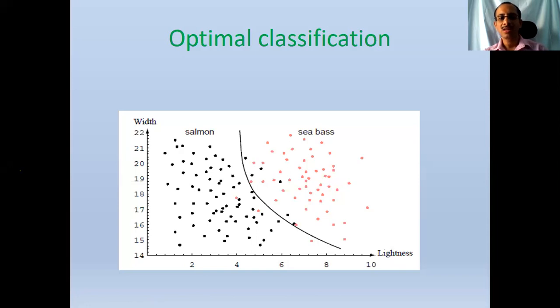As I said, the decision boundary is the final result. How you get this decision boundary, you can give more importance to width, less importance to lightness, and so on. You can incorporate all that in the cost function. Good. Any other questions?